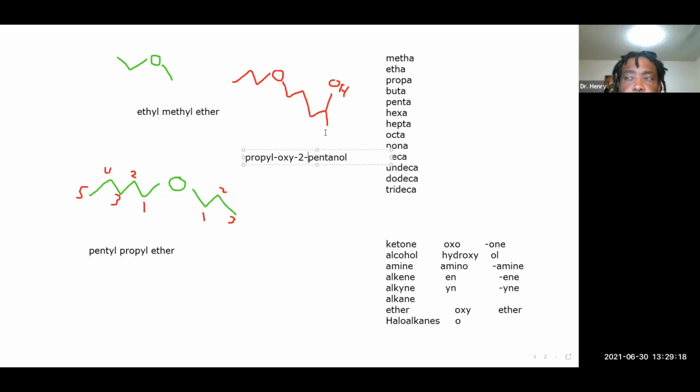So that longest chain would now be the last name. Okay? Are you guys with me? Yes. Okay. So similarly, this here is what we would call the common name. This is what is commonly done. And most of the time you'll see it written like this. But this guy could have also been written as, the longest chain is an ethyl chain.